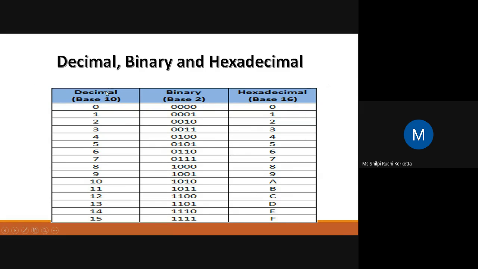Or if you have to convert decimal to hexadecimal, do the same thing: decimal to binary and binary to hexadecimal. If you write directly it will be completely wrong, because it has a different value.